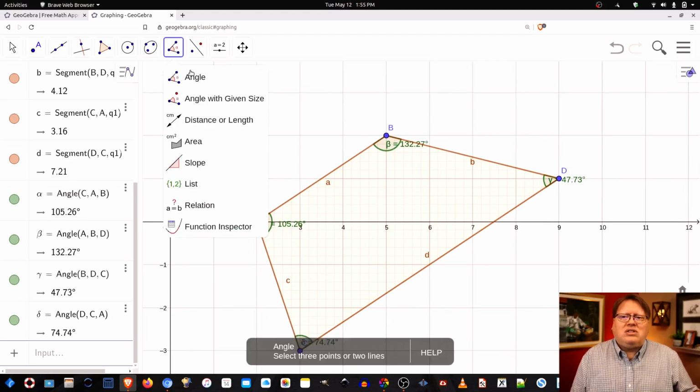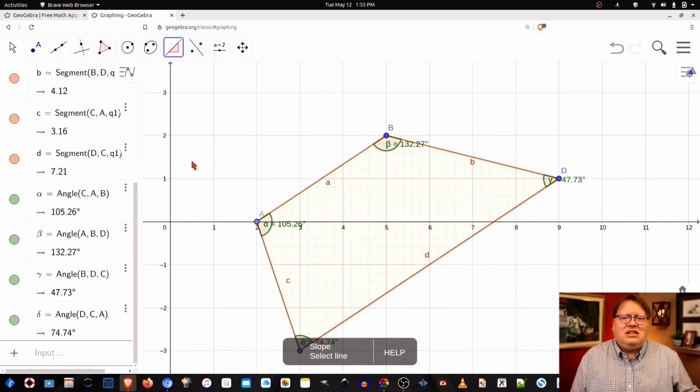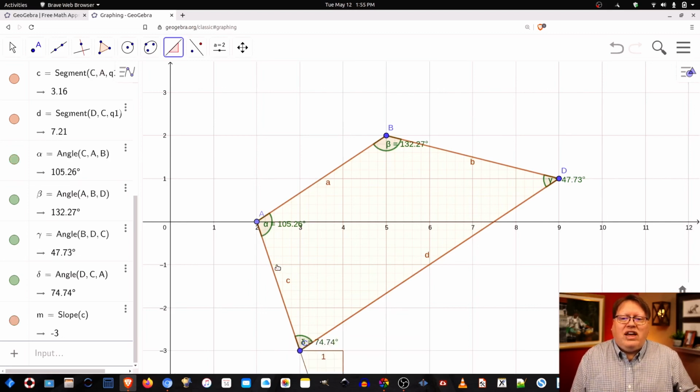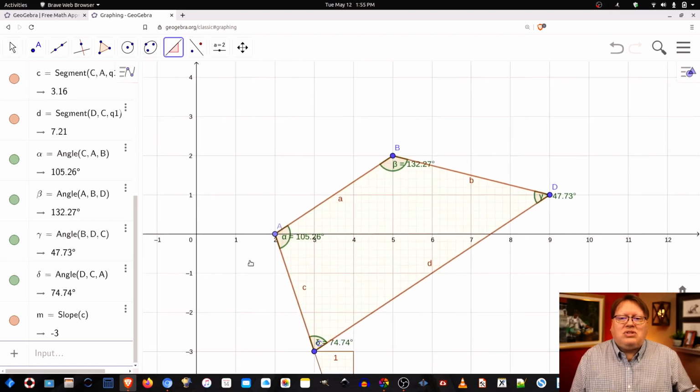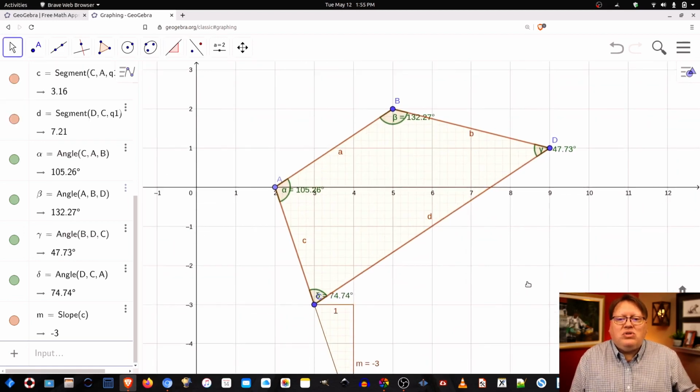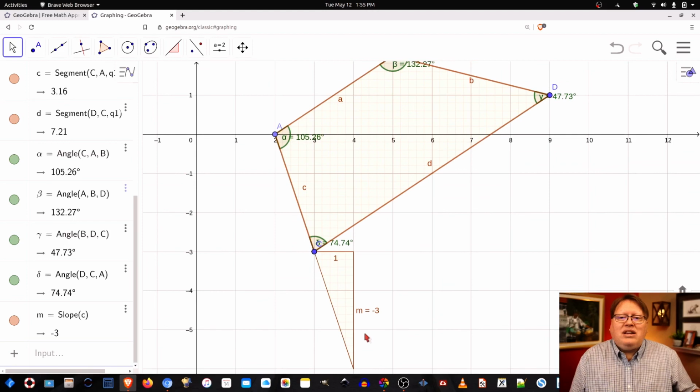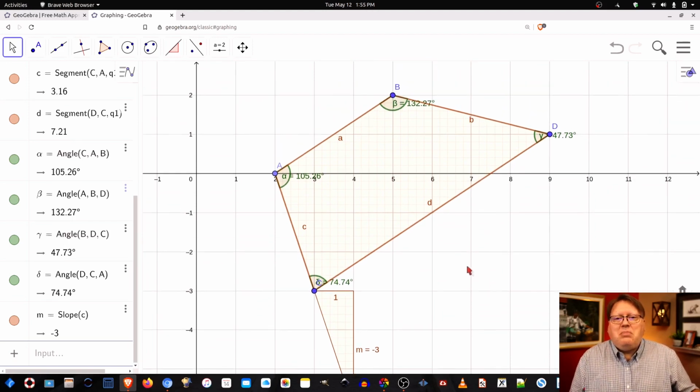We want to check the slopes of the sides, okay? So for side C, I'm going to click on that. And what type slope do we get? Let me click on the pointer tool and slide up. We get a slope of -3, okay? Not bad.